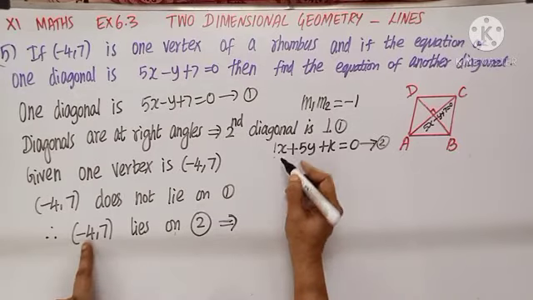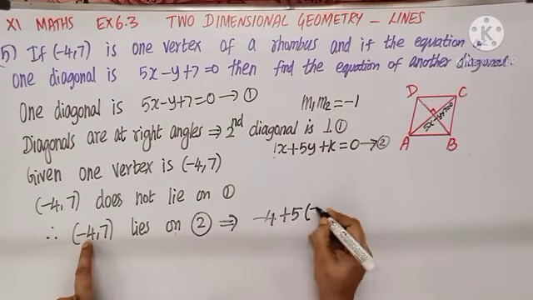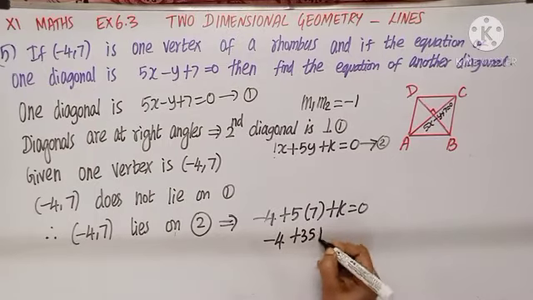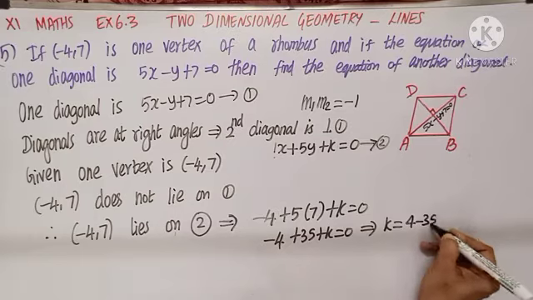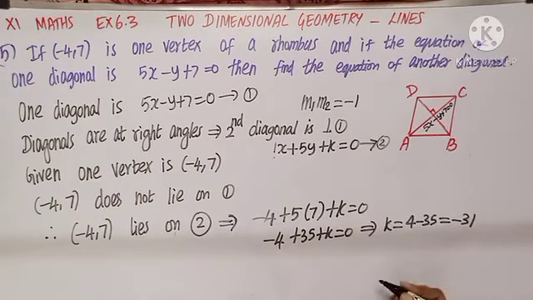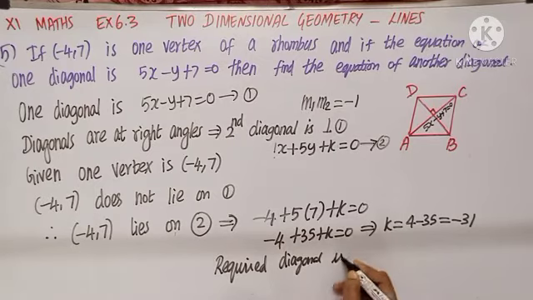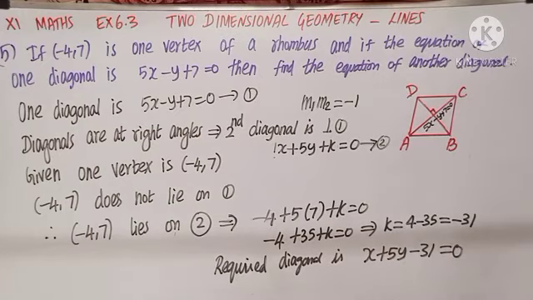Wherever x comes, put -4, and wherever y comes, put 7: -4 + 35 + k = 0, or k = 4 - 35, that is -31. Put it back in the second equation. My question is about the other diagonal. So the required diagonal is x + 5y - 31 = 0, and that is the answer.